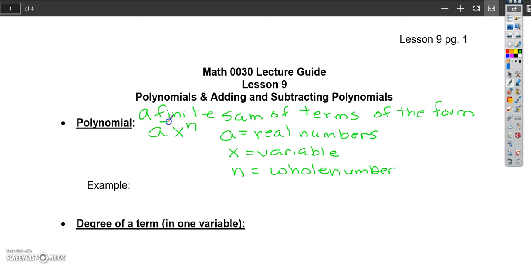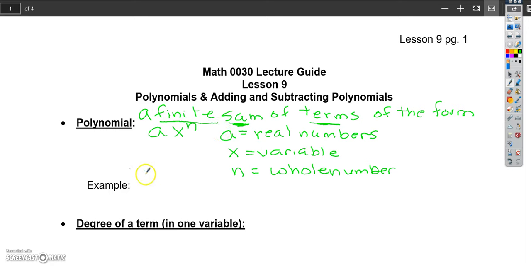And finite means it doesn't end. You could have 1, you could have 2, you could have 100, you could have 1,000. Adding terms of the form that look like this. So all that means is that you're going to add terms, and then we're going to put examples of terms right here.